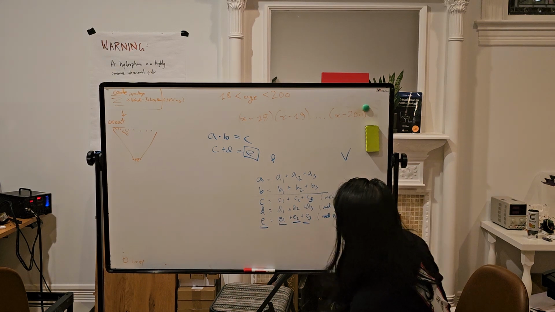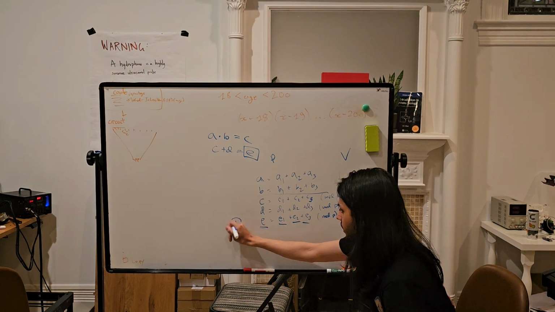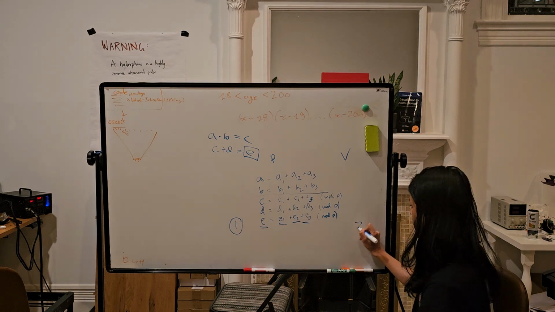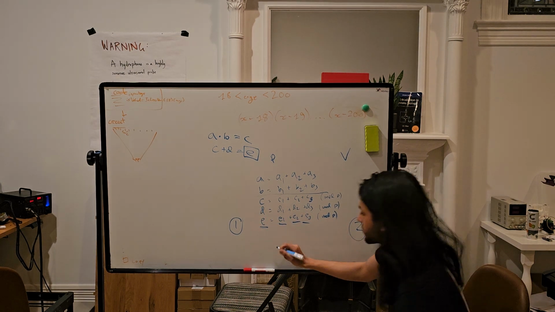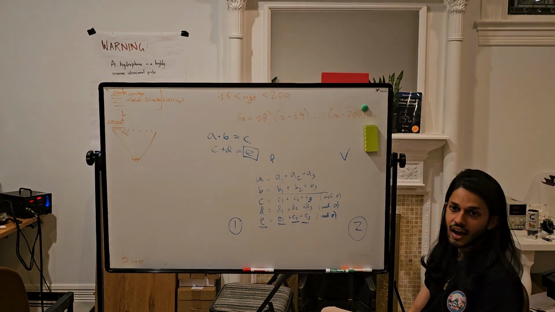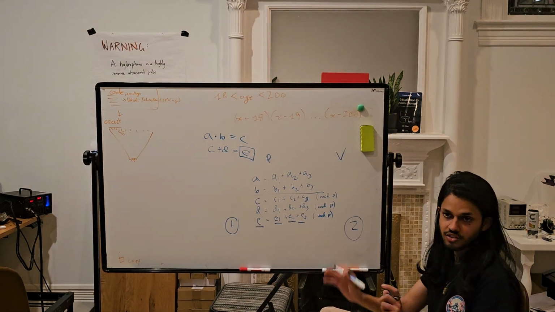This is step 1. Then step 2: I'm also going to commit to C, D, and E. In this case I'm going to use a hash. In reality we use a KZG commitment, but a hash is good enough for us.